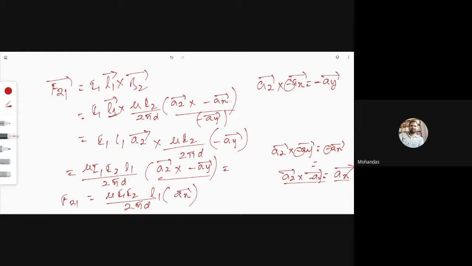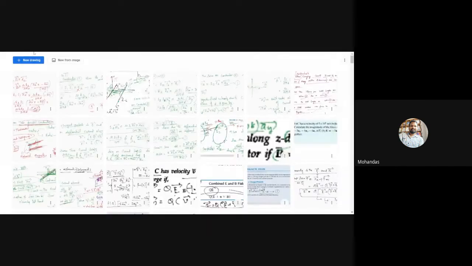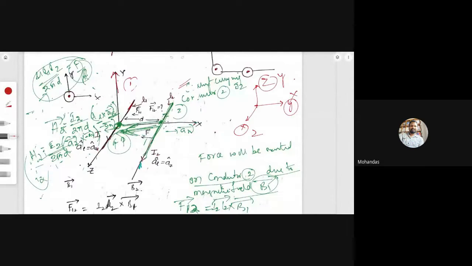This is F12. Now come to the unit vector AX, positive AX. Positive AX means how the conductor is moving: away from the field point.